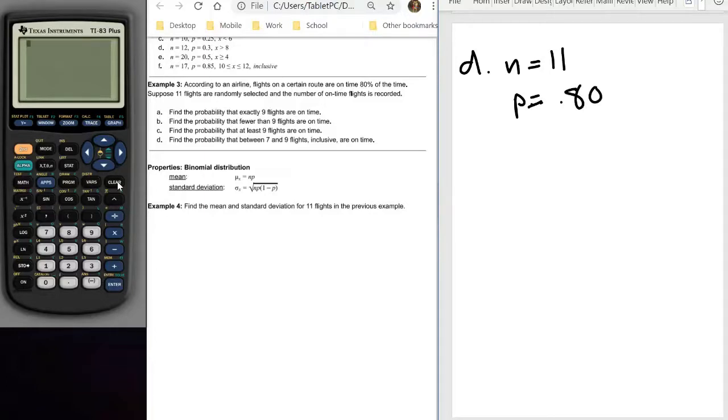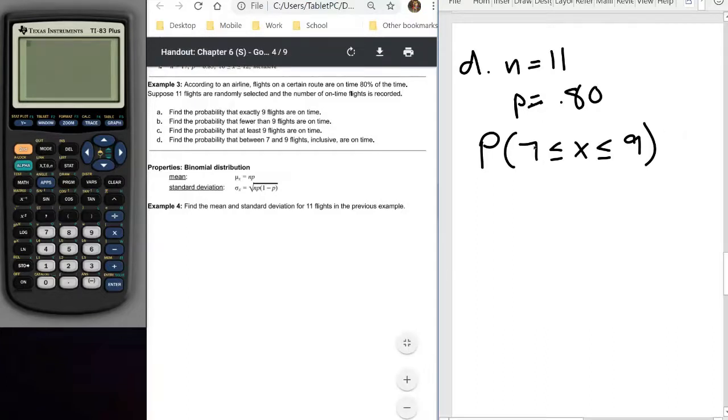And the way we write the probability statement for part D is the probability that x is between 7 to 9. And notice x is literally in between 7 to 9.